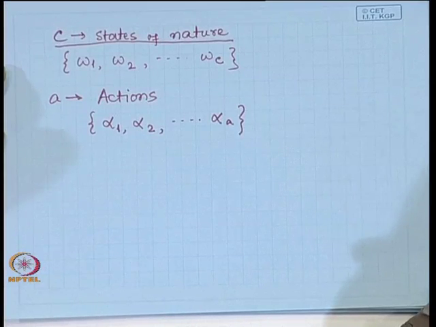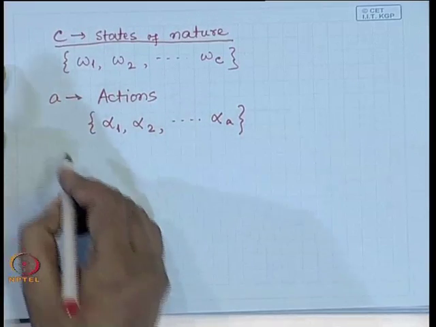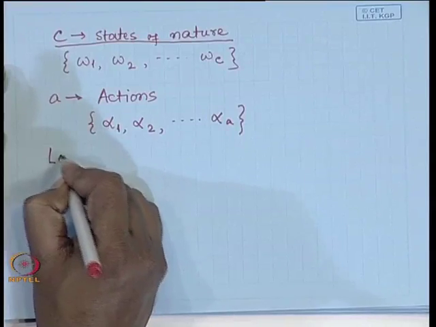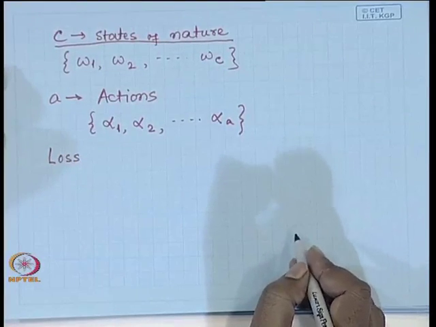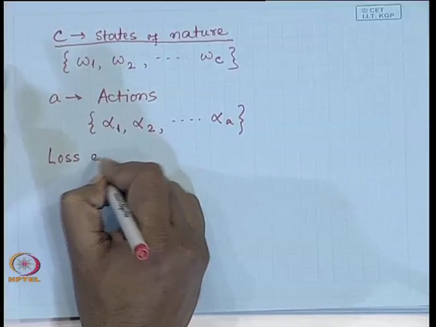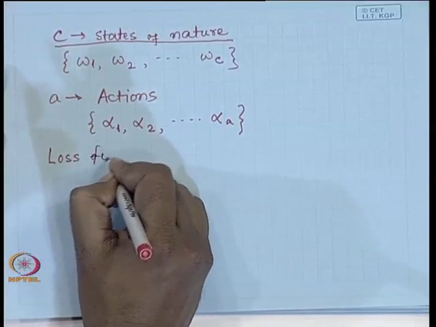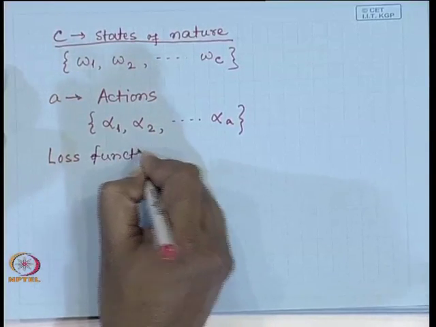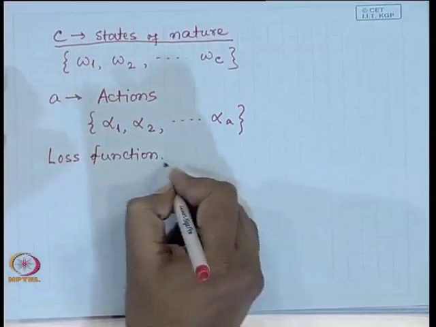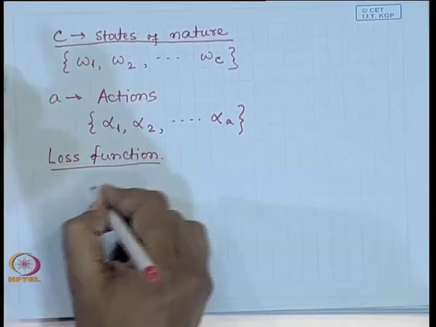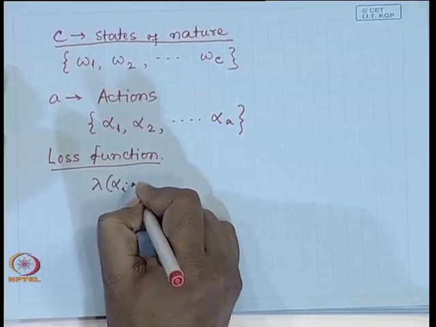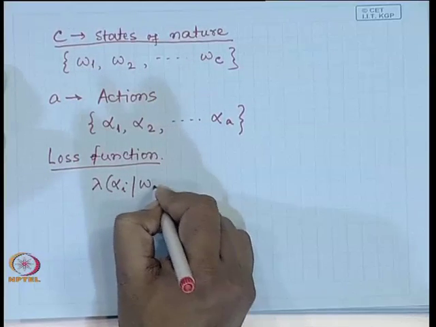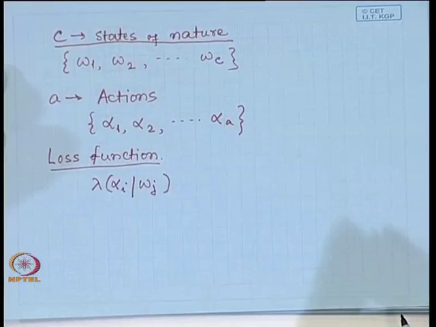So, I have this a number of actions, and I said that we introduce a loss function which is more general than probability of error. This loss function I represent as lambda of alpha i given omega j.